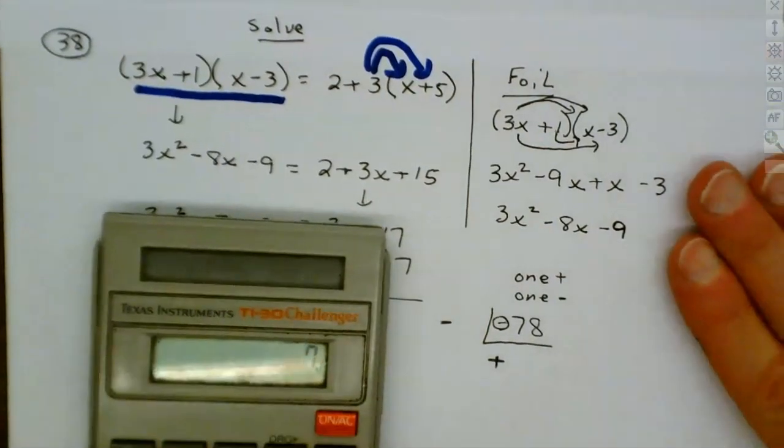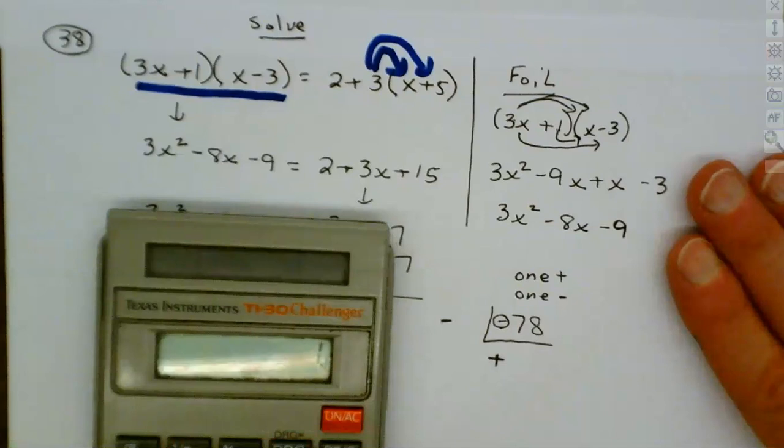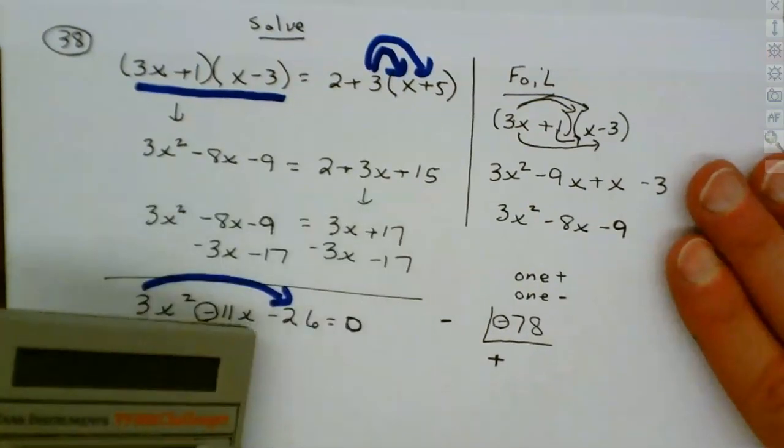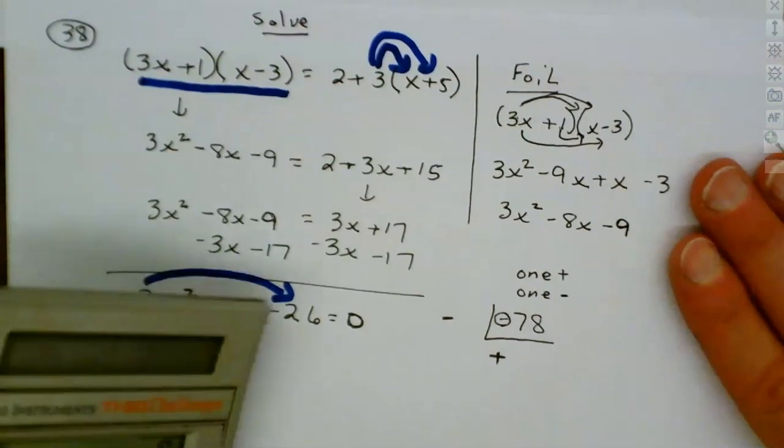So we did 78. Let's try to divide that by 6 now. Okay, 6 and 13. Well, 13 minus 6 is what? 7, but we need 11. So what do we know? We know that it has to be now less than 6.